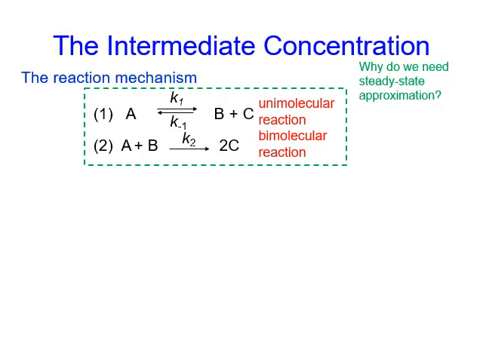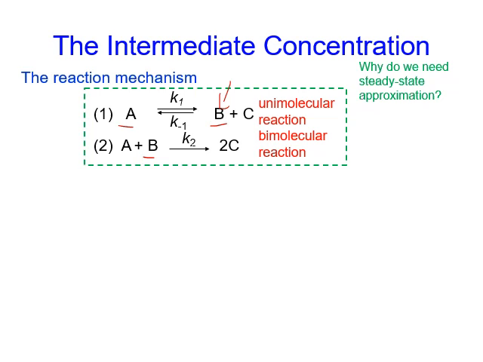In the last slide, we tried to derive the rate law in terms of A. However, we found that the equation contains intermediate B, which cannot be included in the rate law. Therefore, in this slide, we are going to use the steady state approximation to find the concentration of B in terms of either reactants or product or both.